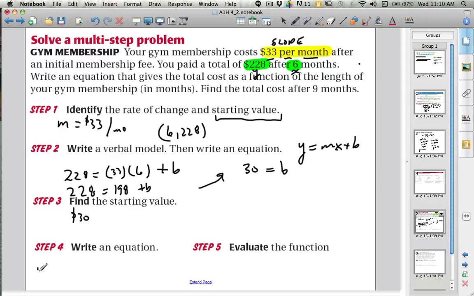If I write the equation, y is equal to 33x plus 30, and then evaluate the function to find the total cost after 9 months, y is equal to 33 times 9 plus 30.